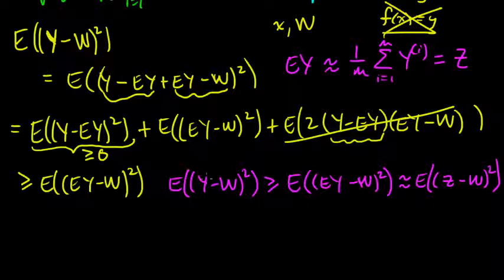We have a lower expected loss for predicting the true value W, the random true value. And if this approximation is good, then by replacing Y by Z, by the aggregated estimator, we will be able to reduce our expected loss.